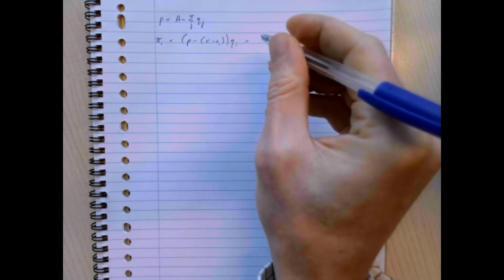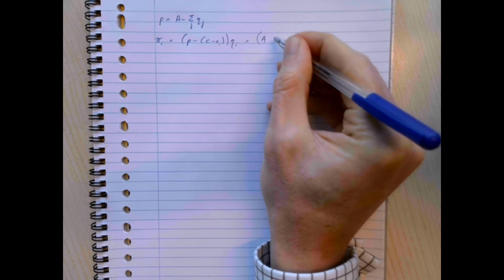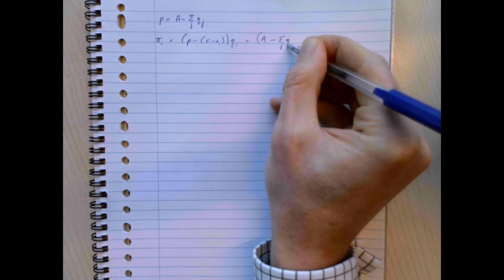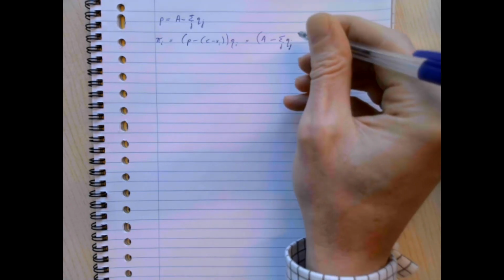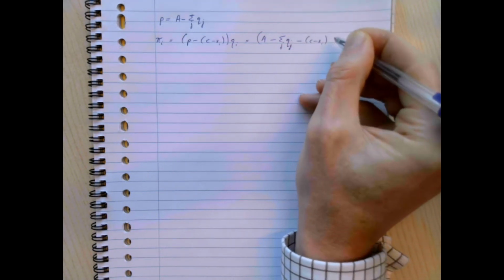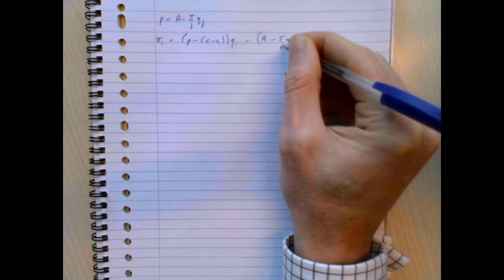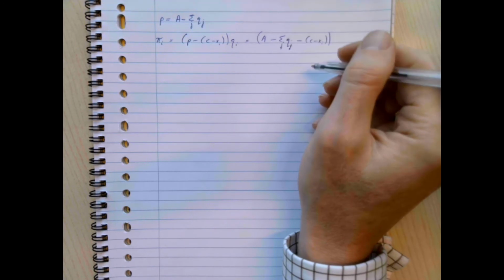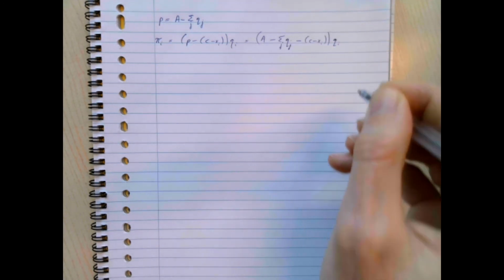If I substitute that price, it's going to be A minus the sum of all these quantities, minus those costs, C minus xi. This j ranges over all firms from 1 to n, and this i is the particular firm that we are currently considering, and we multiply this by the quantity that they are producing.